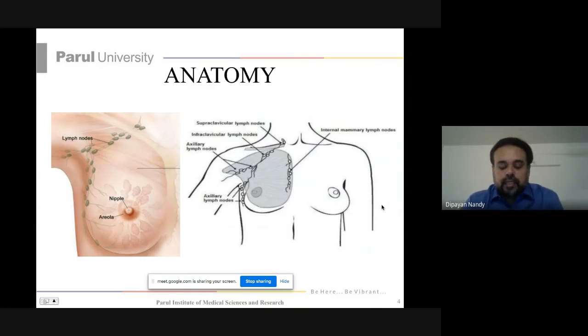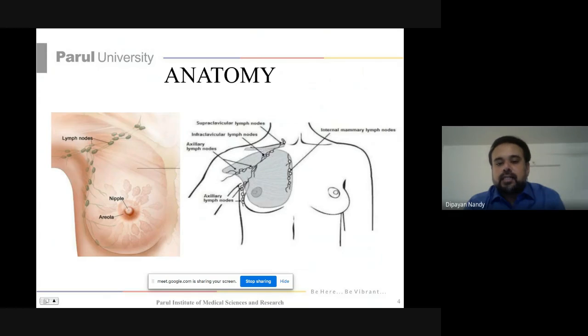Going ahead, another very important part of the anatomy of the breast is the lymph nodes. You all know that every part of the body has a lymph node drainage. Depending on the site, it drains to a certain set of lymph nodes. For the breast, the lymph nodes are mainly situated in the axilla. The various groups of lymph nodes which drain the breast are primarily the axillary group, which is further subclassified in the next slide.